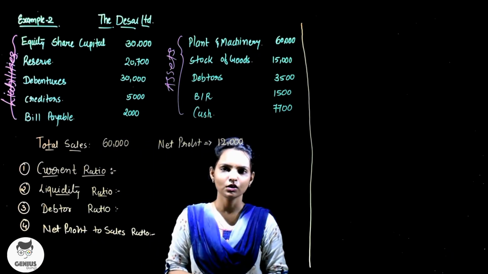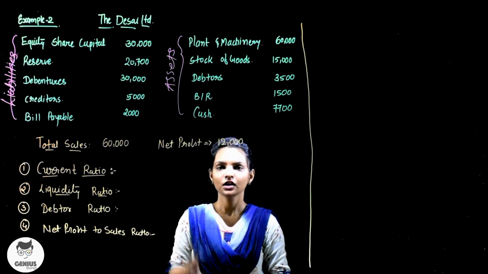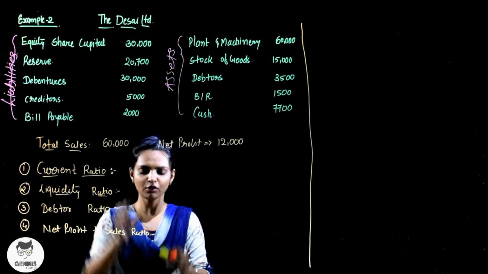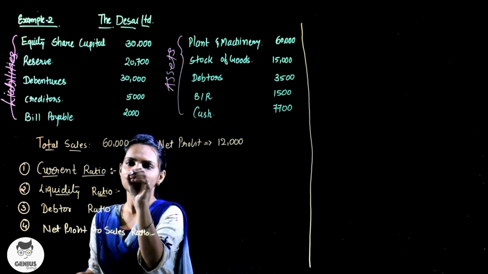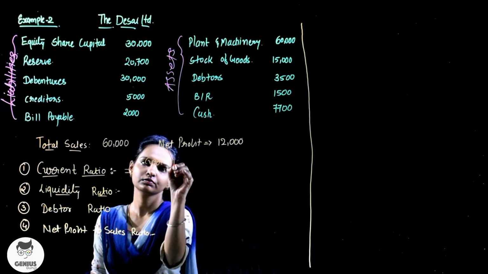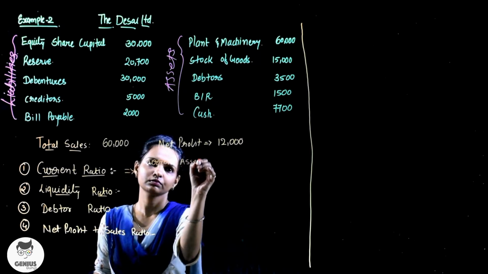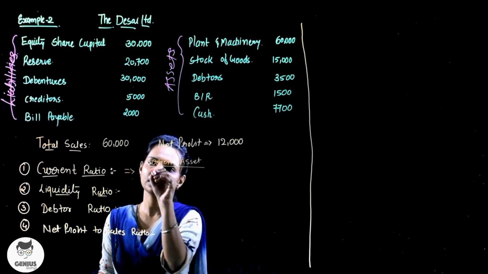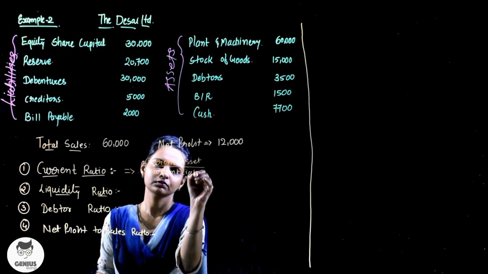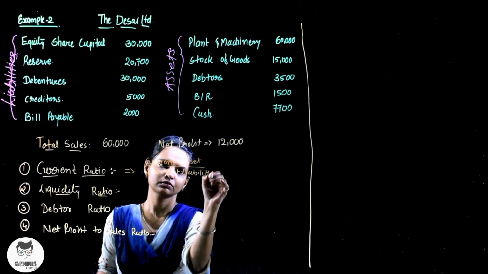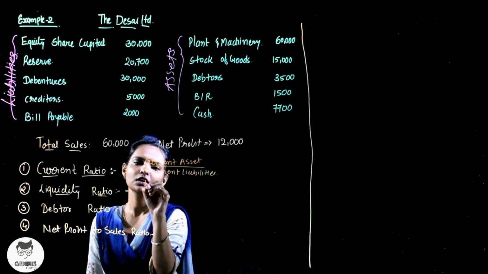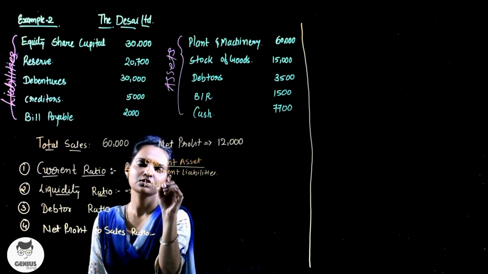Current ratio means you are comparing your current assets divided by current liability. So first of all, for this you must have current assets and current liability. Second one is liquid ratio.